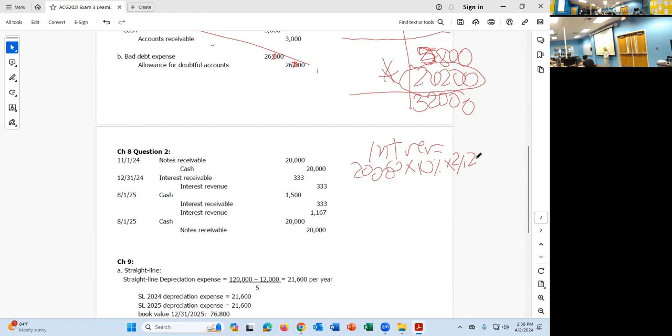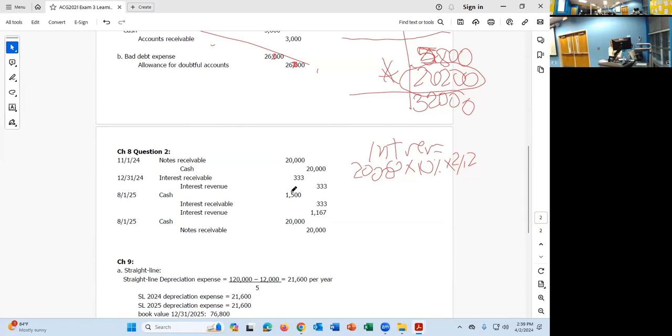But we're also going to receive the cash for the interest, which is the amount for the whole 9 months. Okay, that $1,500 is the $20,000 times 10% times 9/12, because the cash is for the entire loan.